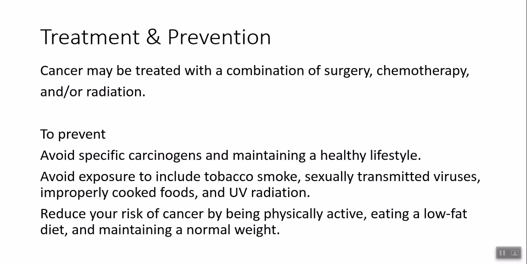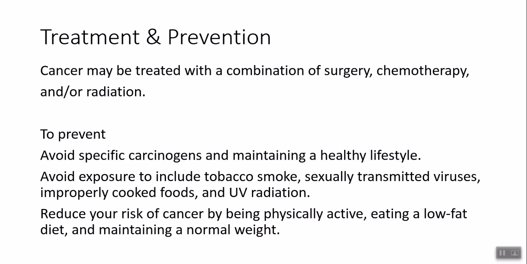Radiation can be sun radiations, or it can be from natural radioactive elements that also have radiation that destroys the genes. Avoid specific carcinogenic materials and maintain a healthy lifestyle. We need to avoid fried foods prepared at a high temperature.